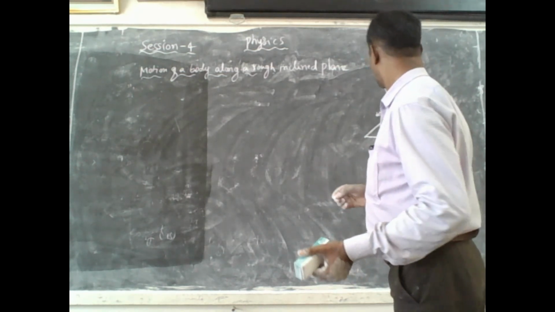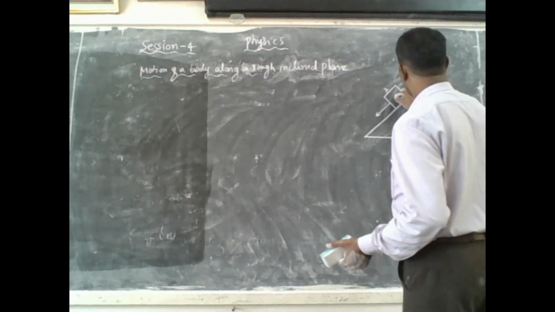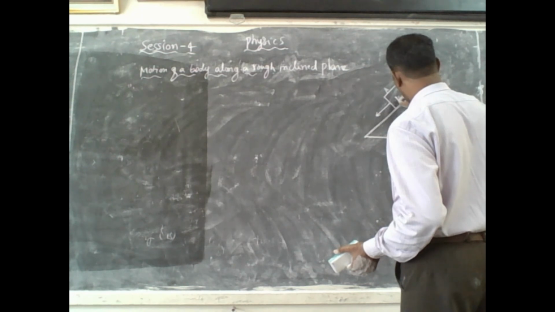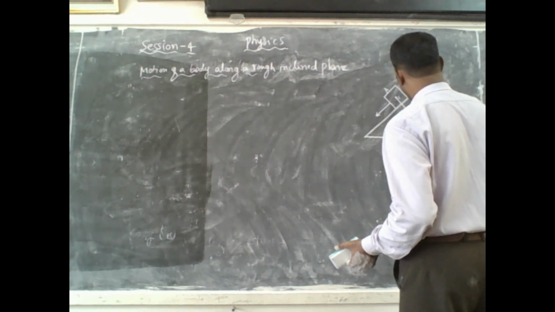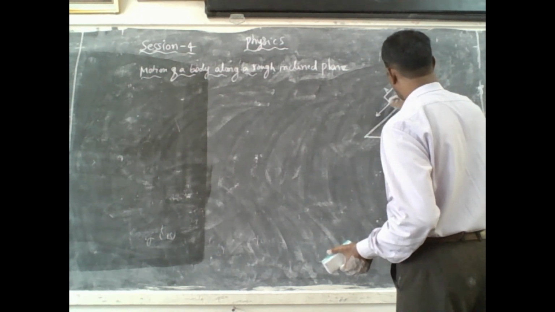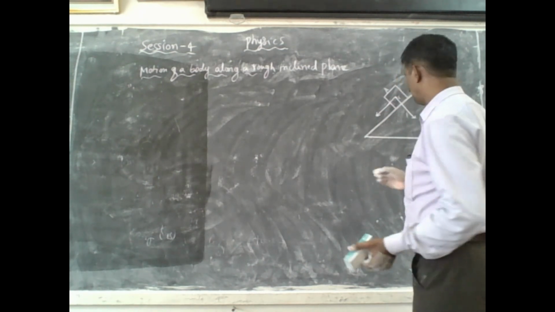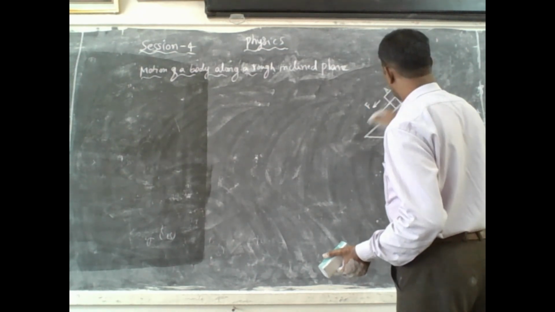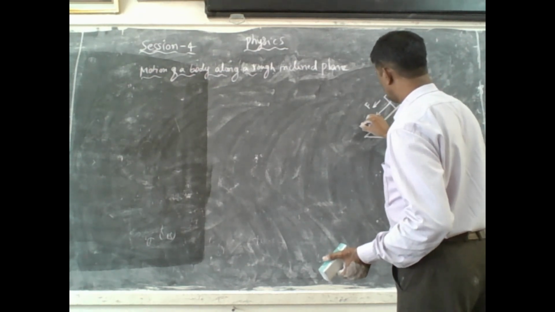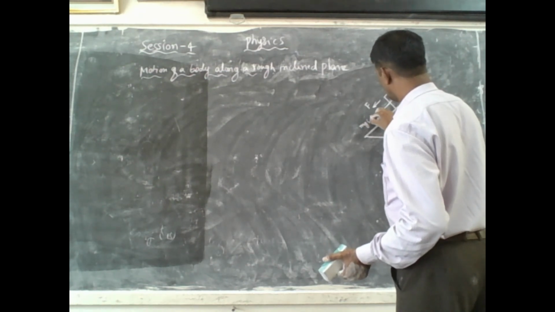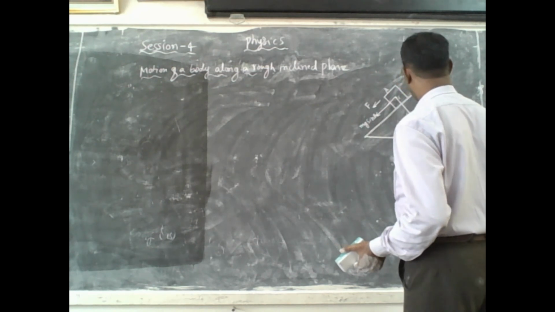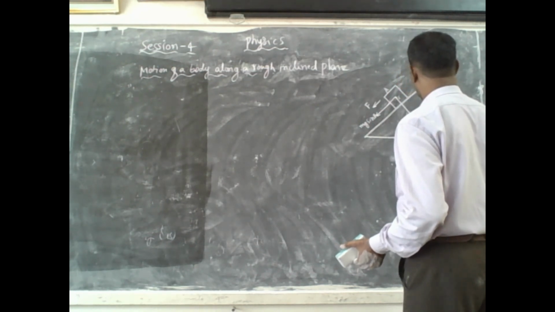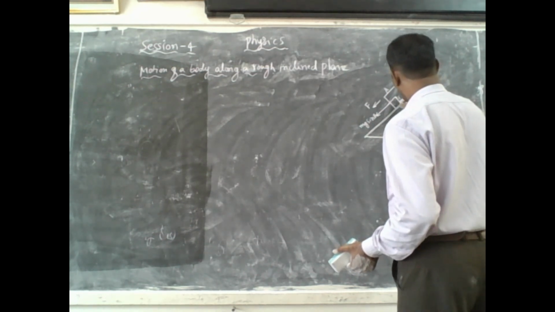So here the force acting on the body is resolved into two components. mg is acting in the downward direction, resolved into mg sin theta and mg cos theta, isn't it?